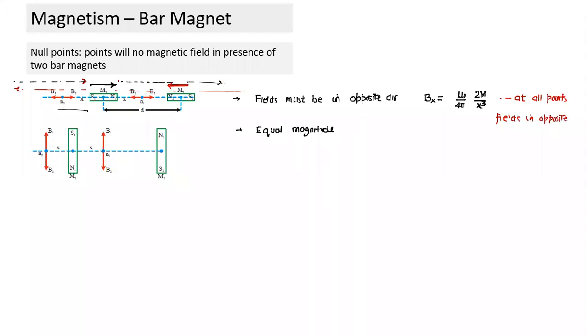So all I need to do now is find where the magnitudes become equal. The equal magnitude condition is that M1 by x1 cube has to be equal to M2 by x2 cube.